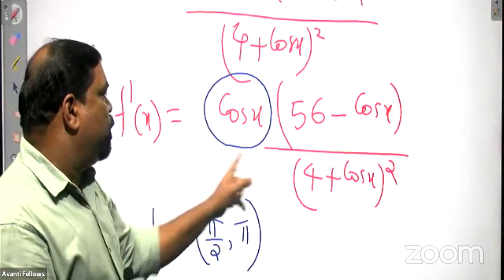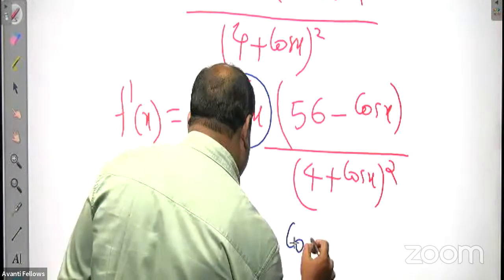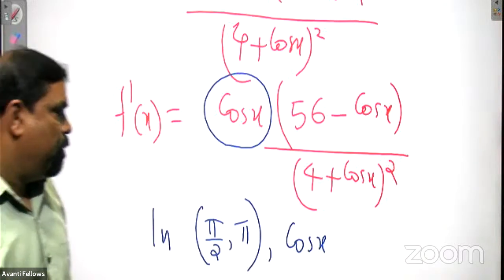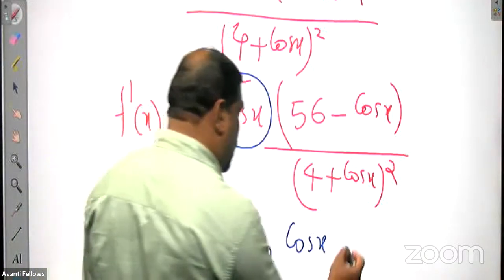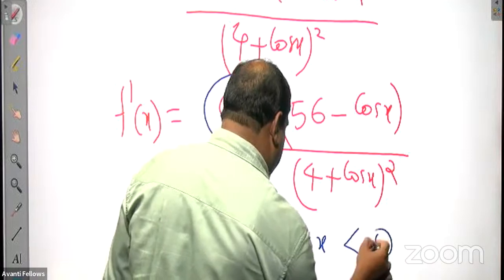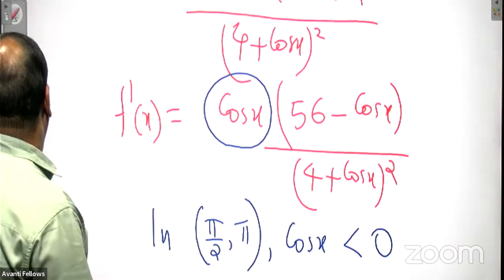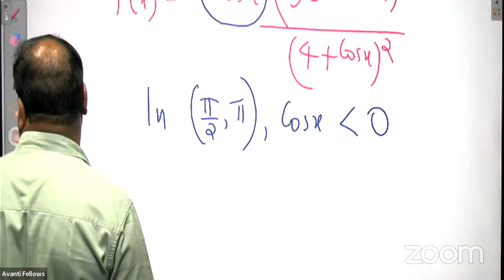So in this interval, what about cos x? Cos x is negative because it is the second quadrant. In the second quadrant, we know that cos x is negative. So cos x is negative means the derivative also must be negative.